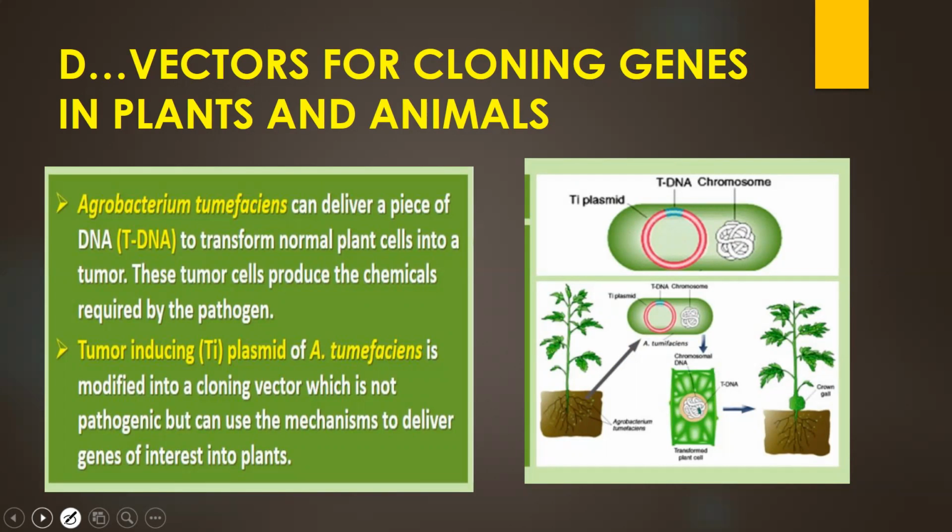You can see over here the tDNA present in the plasmid of Agrobacterium tumefaciens. This plasmid is known as the Ti plasmid, that is, tumor-inducing plasmid. Now, we remove this tDNA. The Ti plasmid is modified into a cloning vector by removing this tDNA.